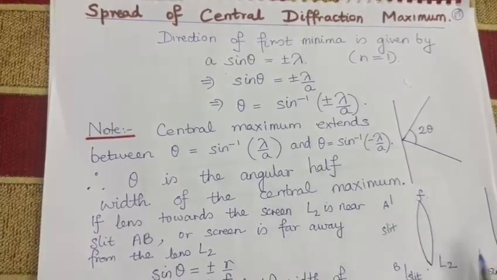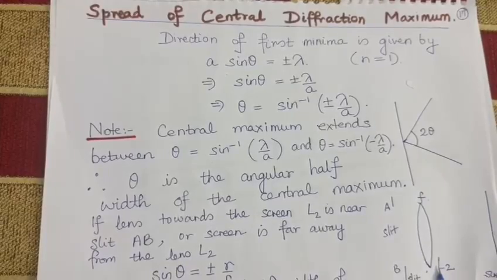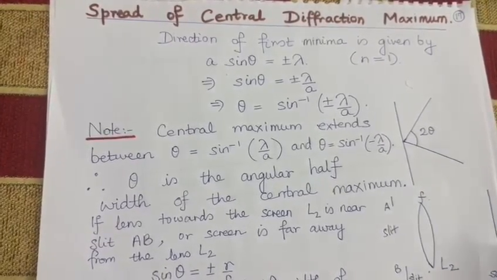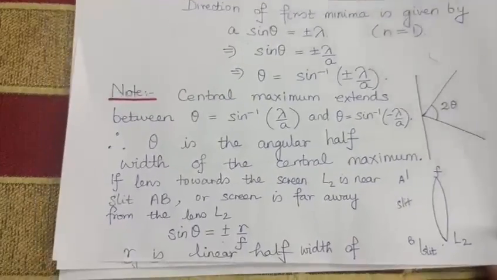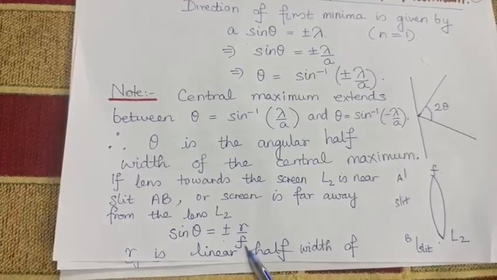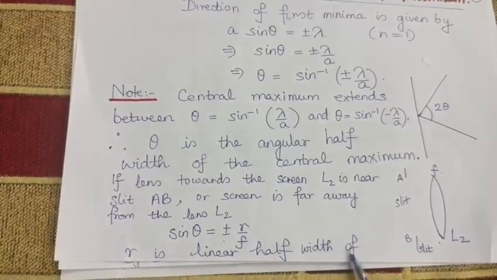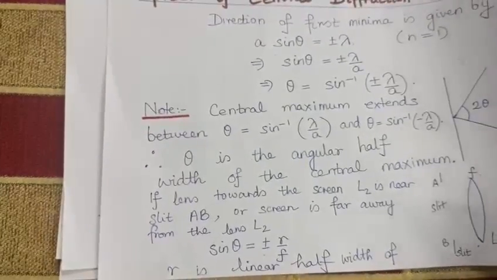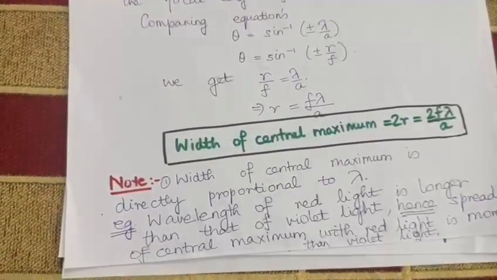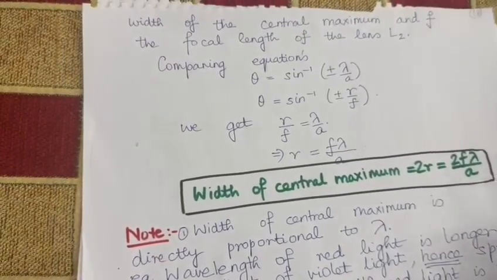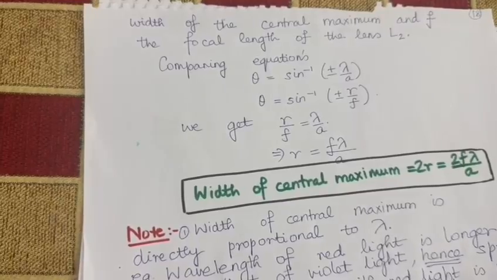If the lens towards the screen is near the slit AB, or your screen is far away from the lens, then sin theta becomes equal to plus minus r upon f, where r is the linear half width of the central maximum and f is the focal length of lens L2.